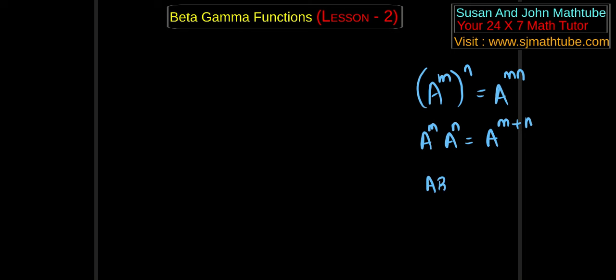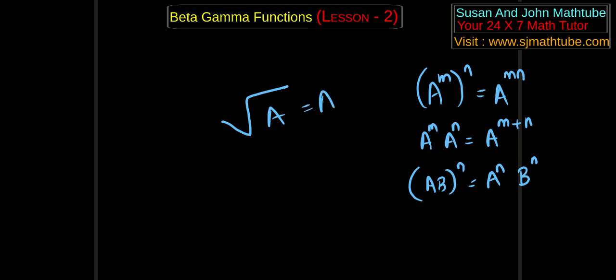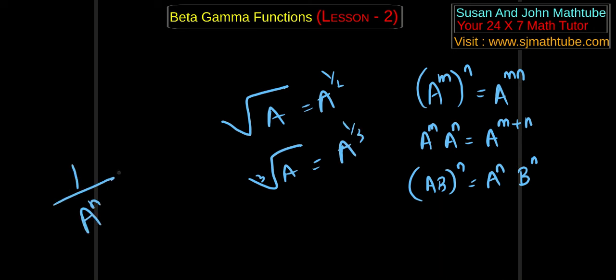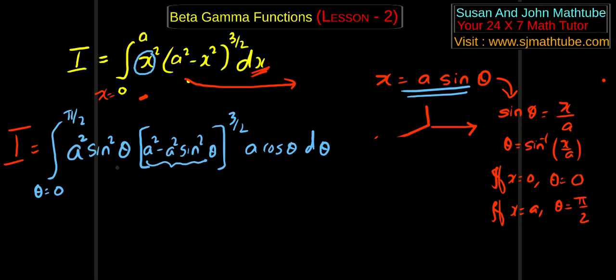And ab, the whole power n is a power n b power n. And square root means to the power 1 by 2, cube root means to the power 1 by 3, and 1 by a power n is nothing but a power minus n. Okay, now let's continue.